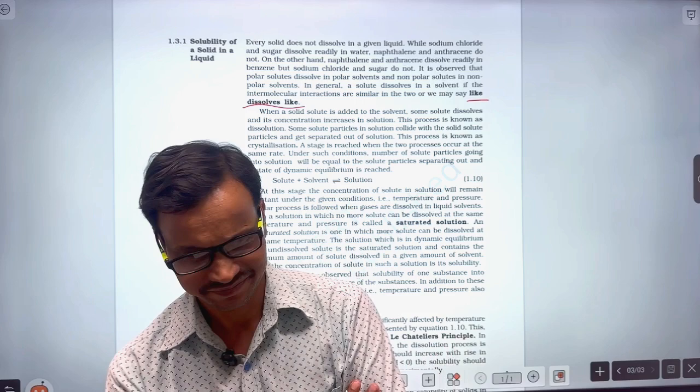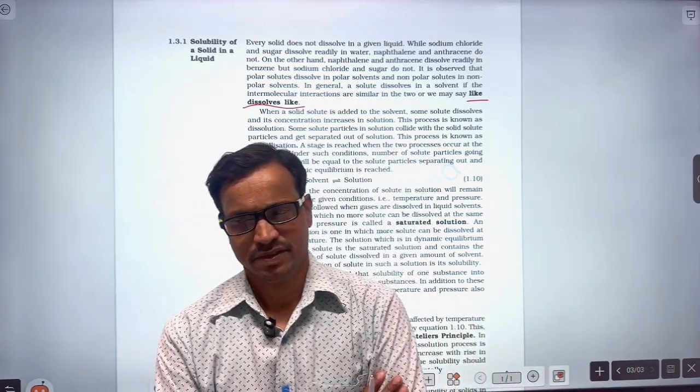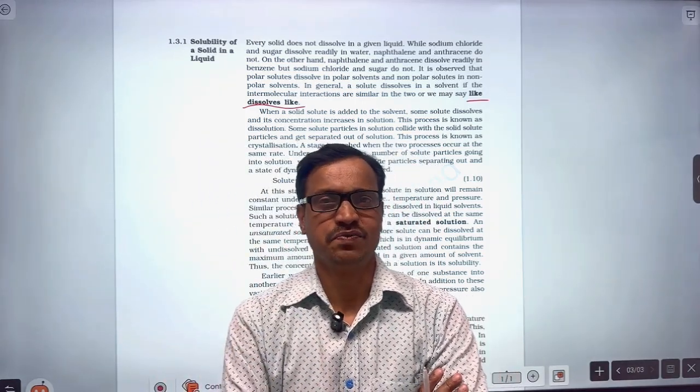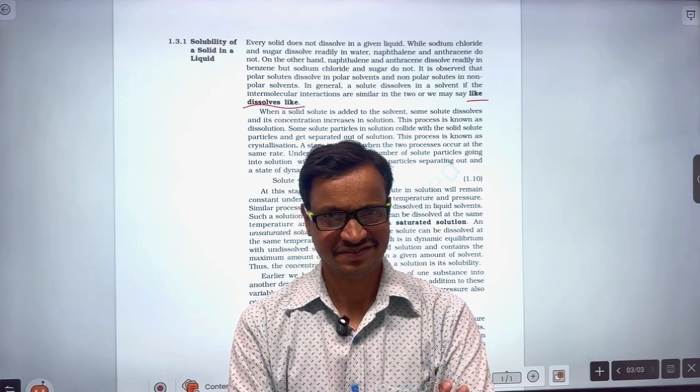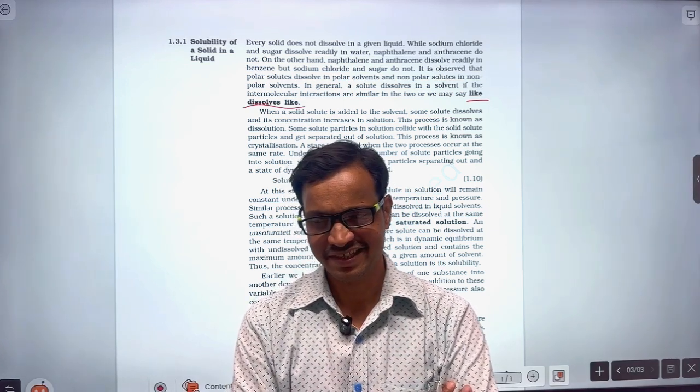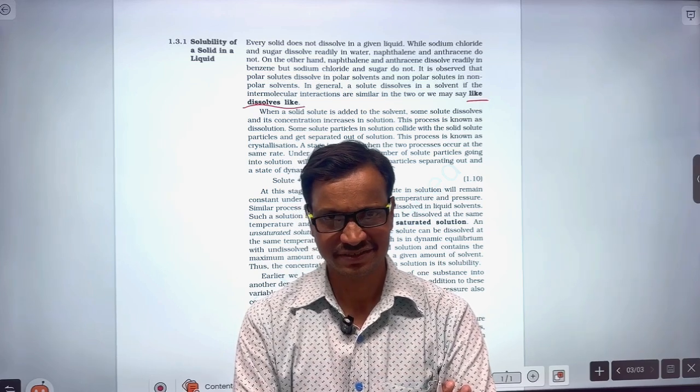As for example, in water you can dissolve NaCl. Why is NaCl soluble in water?